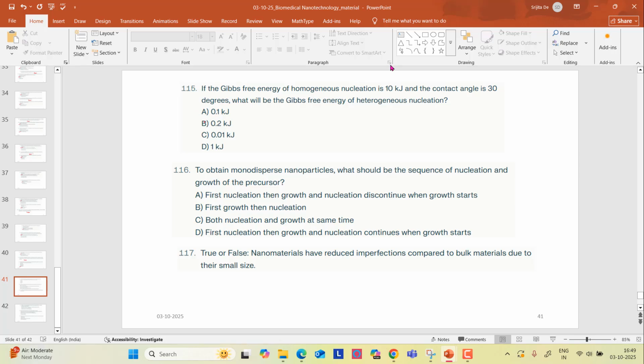The answer is given as 0.1 kilojoule, but I am not sure where it is coming from. So you check, please.